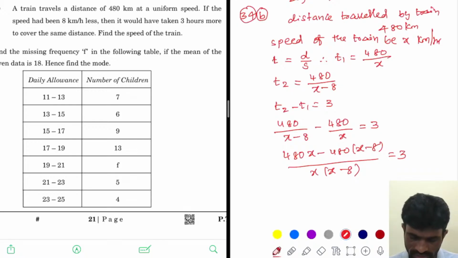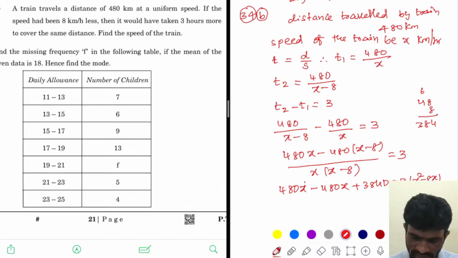Then from this what we get? 480x minus 480x, minus into minus plus, 480 into 8, which is 3840, so plus 3840 is equal to 3 into x square minus 8x.